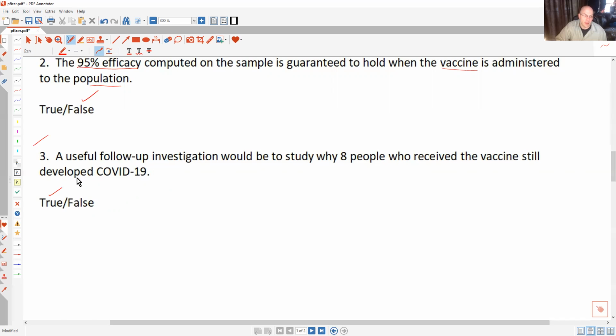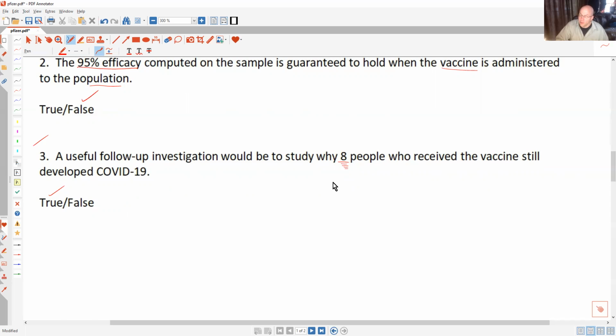Well, that would definitely be true. As mentioned, that becomes a very, very rich research question as to why those 8 people who received the vaccine still develop COVID-19. And as mentioned, if there are characteristics of those people that the experts in the area would study, maybe tell us more about where that vaccine is most effective and perhaps who is not protected by the vaccine.